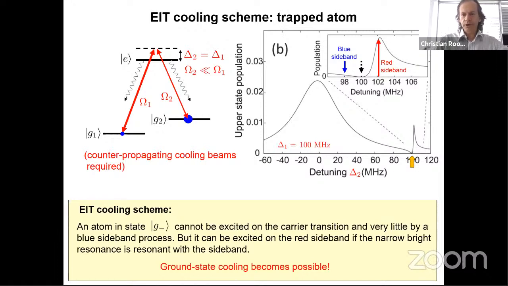And so now you have a strong absorption on the red sideband, and very weak absorption on the blue sideband and on the carrier. The atom in the dark state cannot be excited in the carrier transition, but it can be excited by a red sideband process if you make this narrow bright resonance coincide with the sideband transition. And this is something which enables ground state cooling.